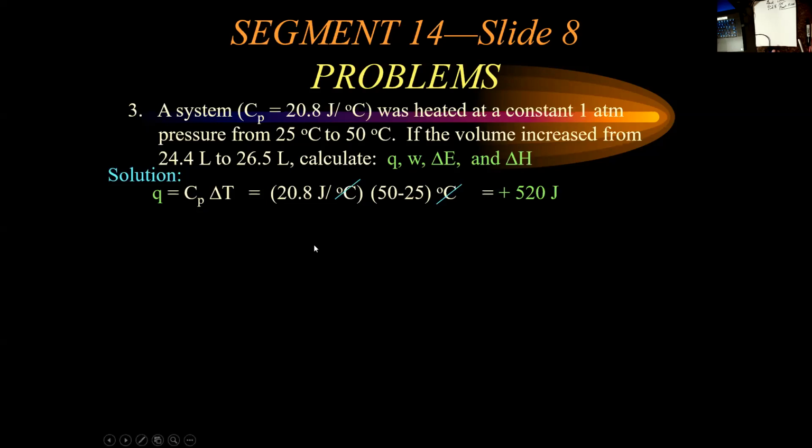Now, what if the temperature dropped from 50 down to 25? Well, heat would have to come out. I would have to remove heat from the system, and heat coming out of the system is what sign? Negative.